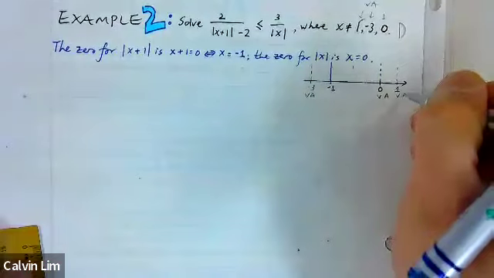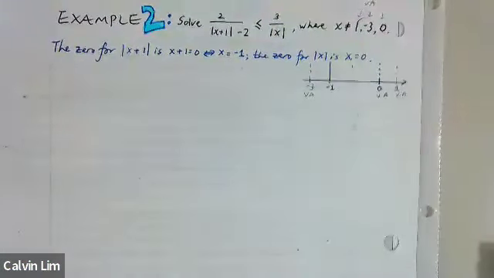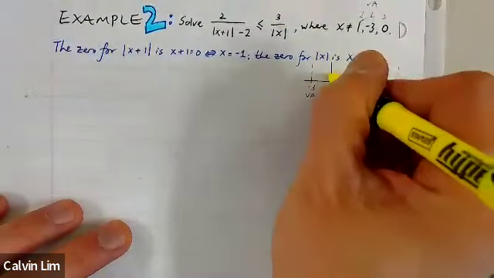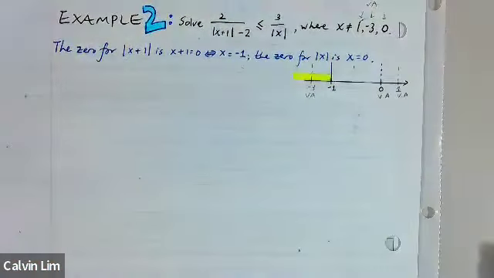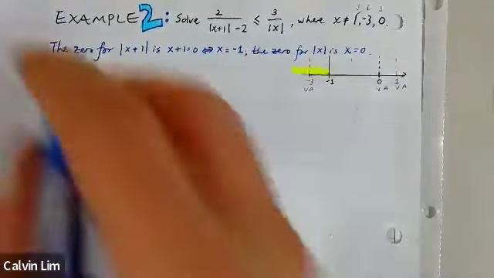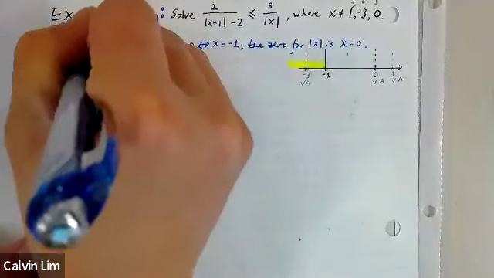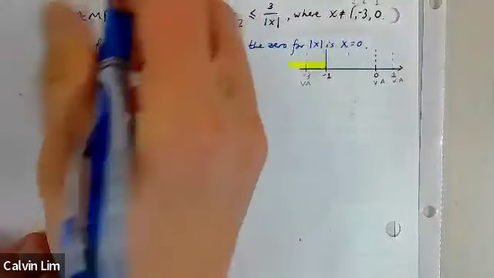That's also a VA, right? Okay, so now let's explore the solution in each of these individual regions. For this region, for x less than negative 1.